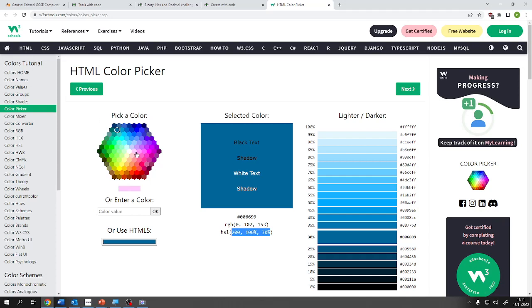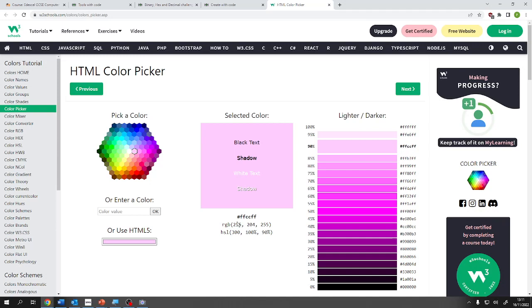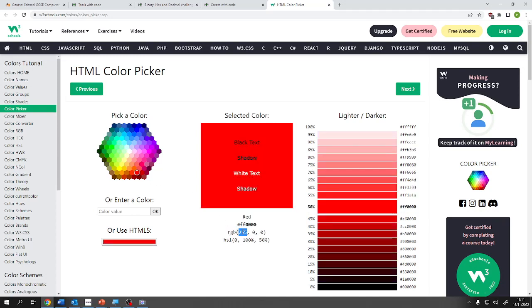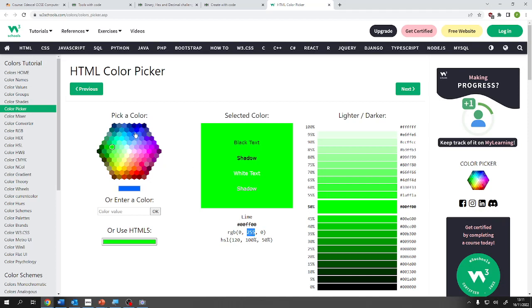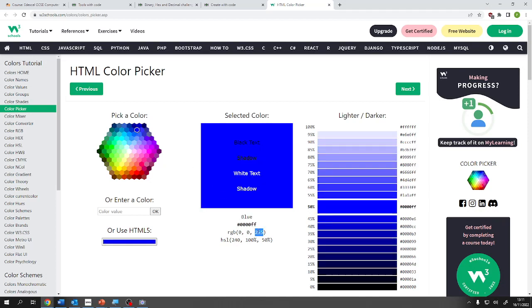So for every colour we are using a byte, a number between 0 and 255, another byte and another byte for the amount of red. So pure red should be all the red switched on, all the green switched off, and all the blue switched off. Pure green is just the amount of green light switched on, and pure blue, wherever it is, will be just that value.